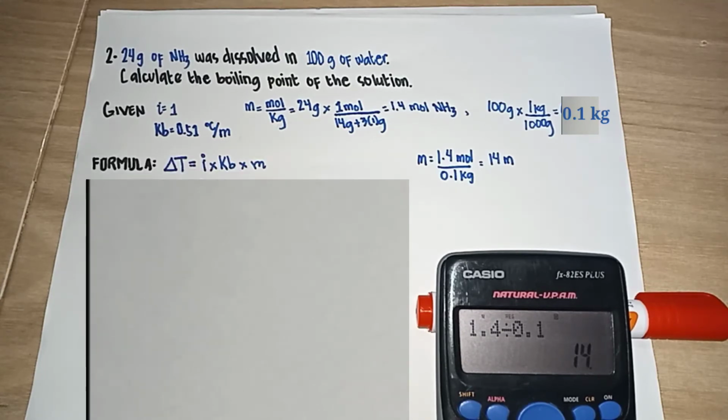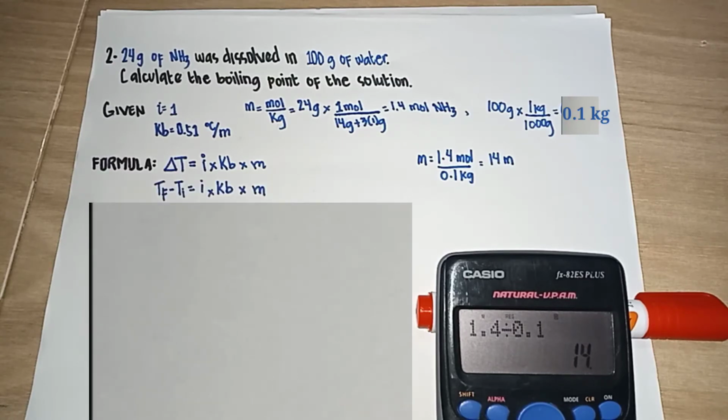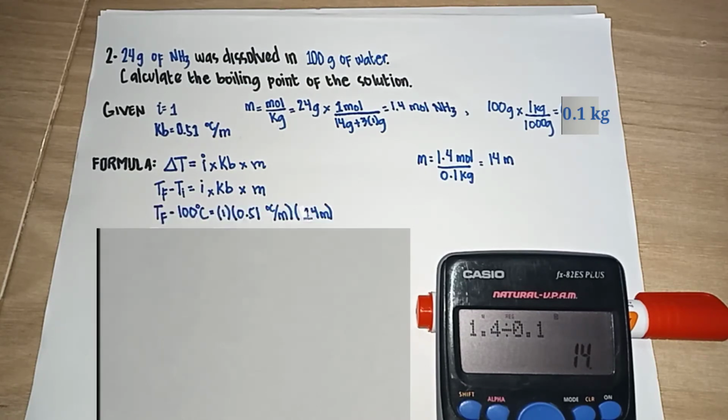So delta T, the change of temperature, equals i multiplied by Kb multiplied by m. Since ang change of temperature natin is equal to the difference of the final and initial temperature, equals ang i natin is 1 times Kb, the boiling point elevation constant, is 0.51 degrees Celsius per molality, times ang value na molality natin na nakuha kanina na 14 molality.